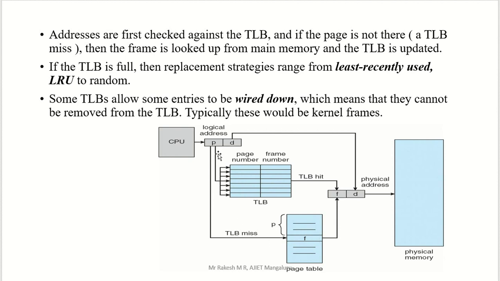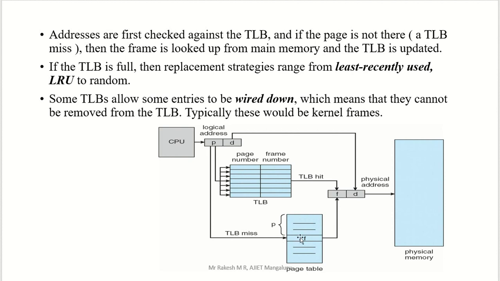If the data is present in the TLB, then the search is a success, right? That's called a TLB hit. If you are searching for some page number that is not present in that buffer, so you have to search for it in main memory, then that is called a TLB miss. That means the TLB search was not successful. That's why it is a TLB miss, and we have to go to the page table.